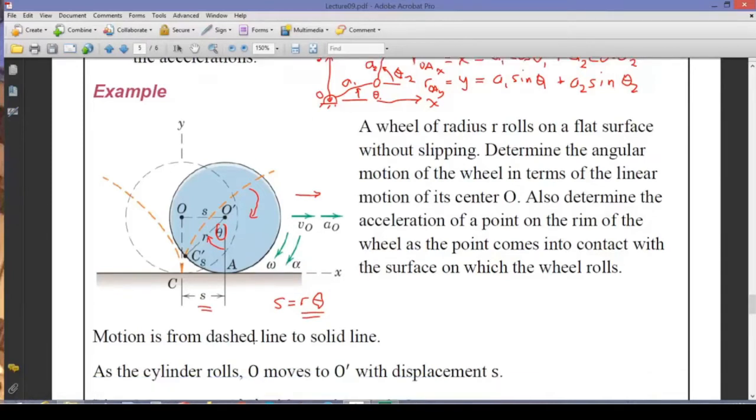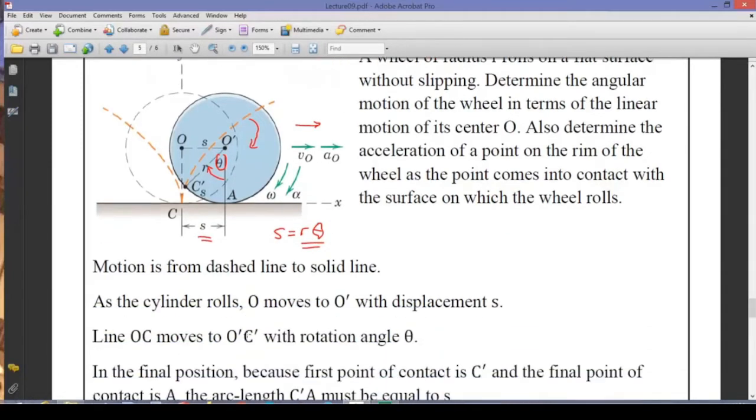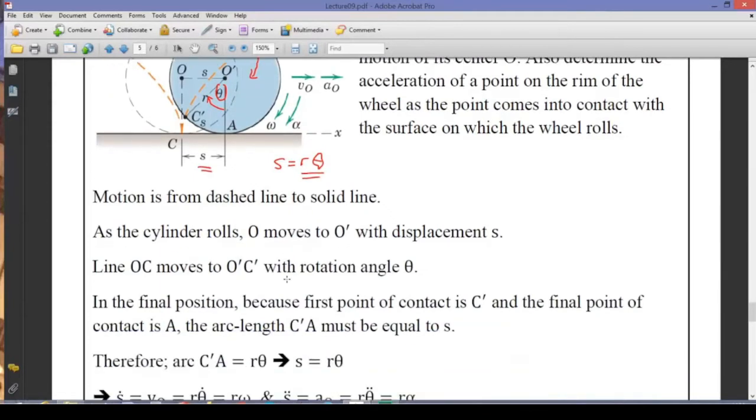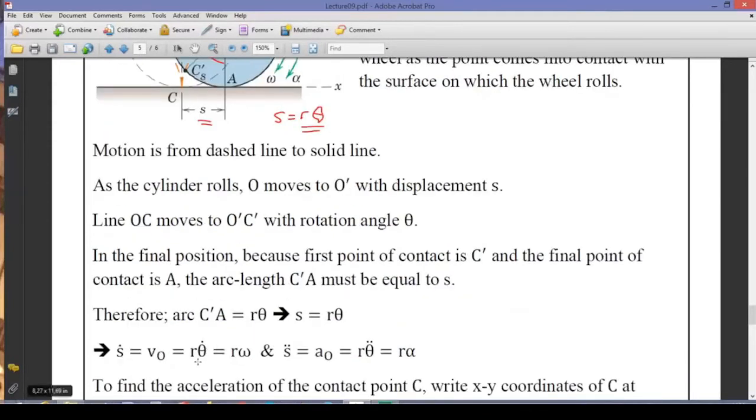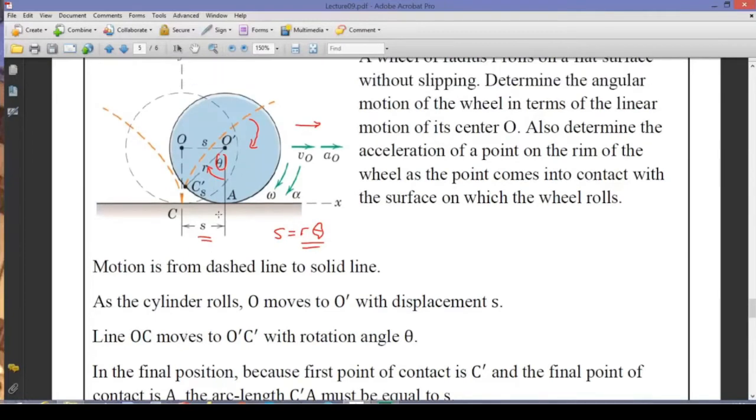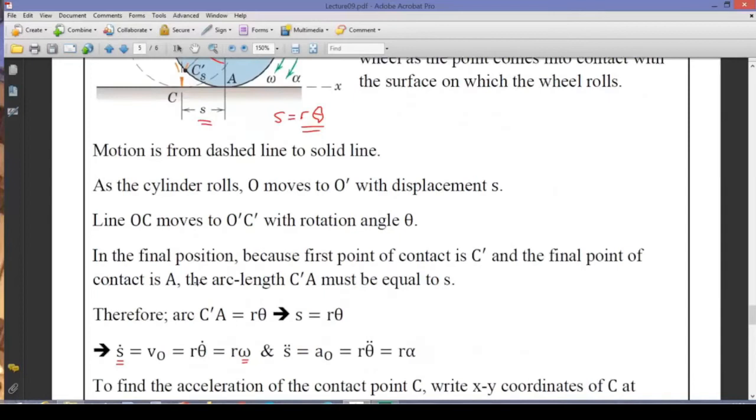Now, based on that, we can differentiate this with respect to time and find the equations as r theta dot, which is omega angular speed, is equal to s dot, and s dot is actually the motion of this rigid body. s dot is equal to v0. So v0 is defined as r omega. s double dot, this is the acceleration of the rigid body, a0. This is dependent on the angular acceleration of this rigid body.